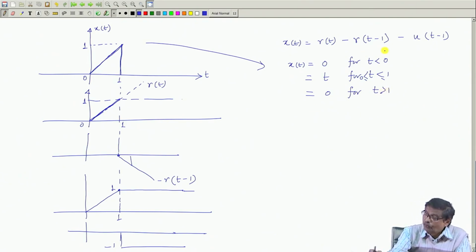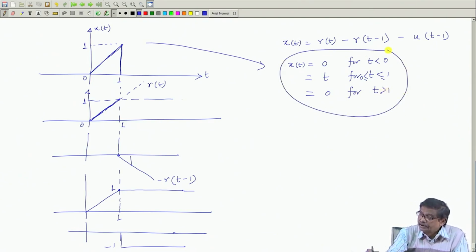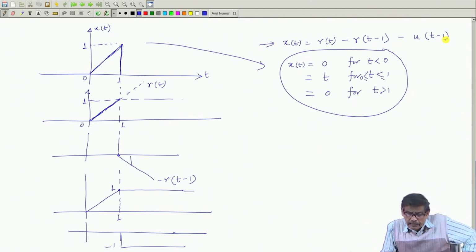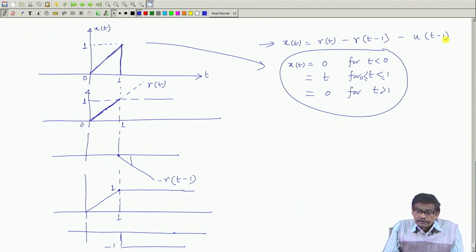This is how this whole thing you are writing in 3 lines can be written in one stroke in this fashion. That is what I want to mean. Understood. Therefore, this is how one can write.